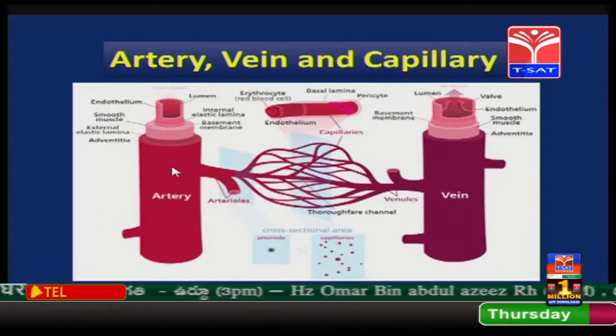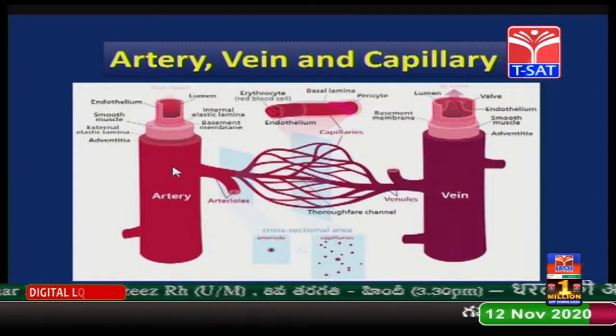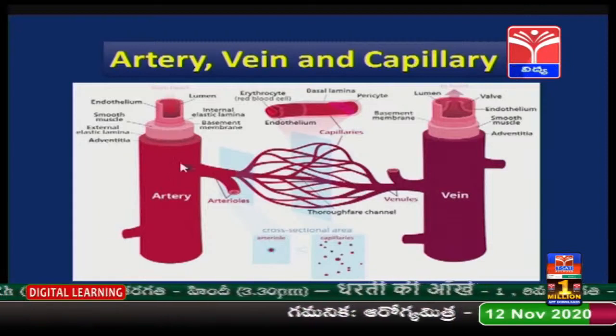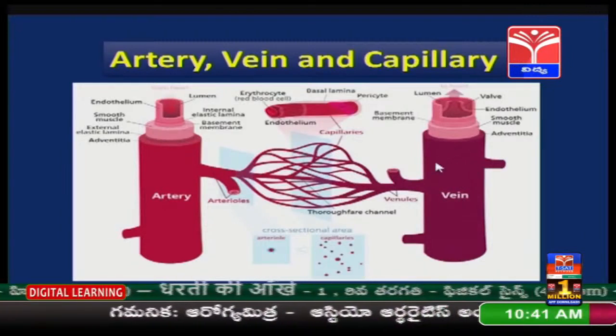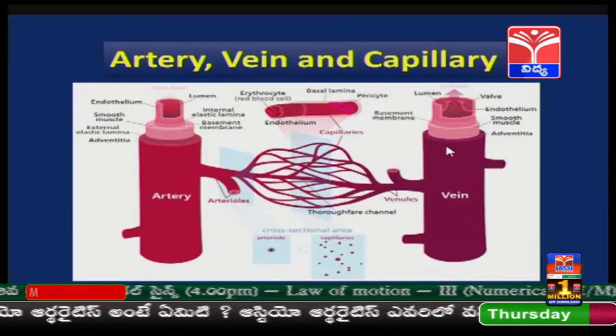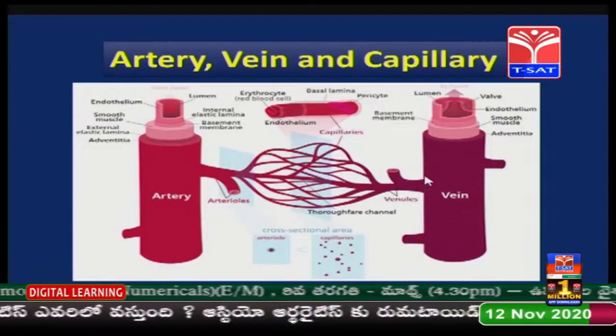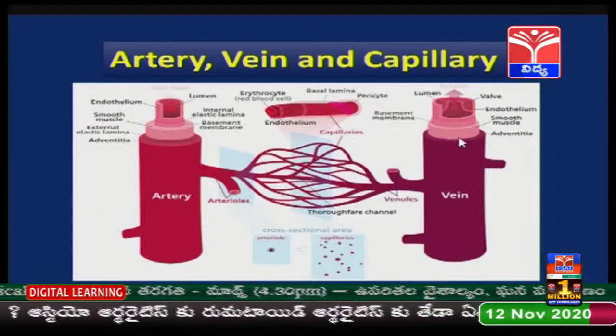So, they are located deeply in the body to prevent any damage, whereas in veins the blood flows with very low pressure and speed. That is why they are located superficially.